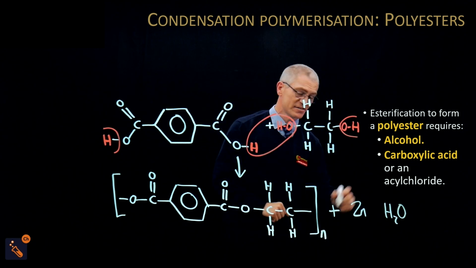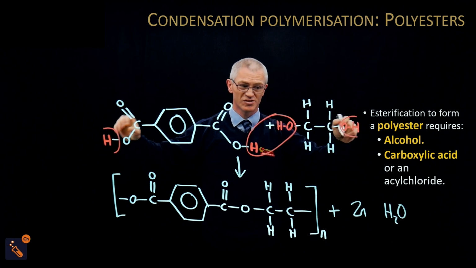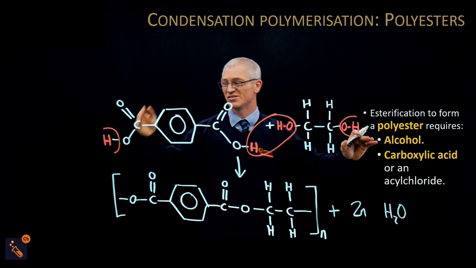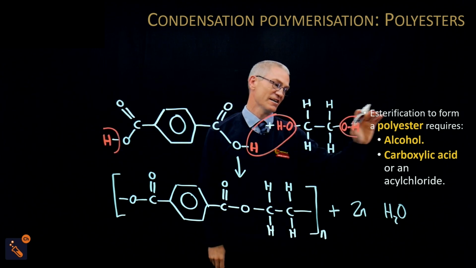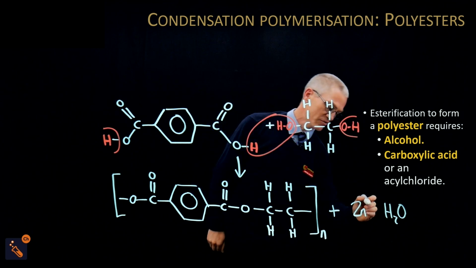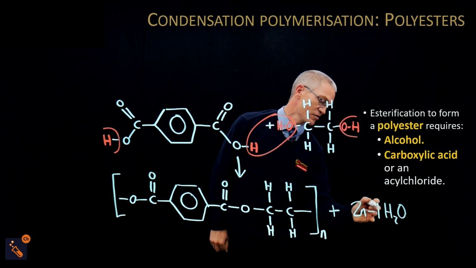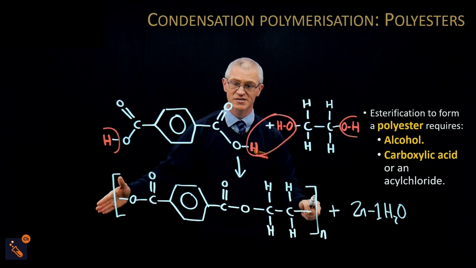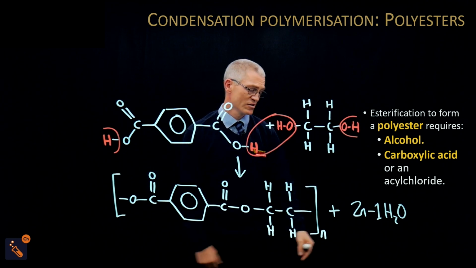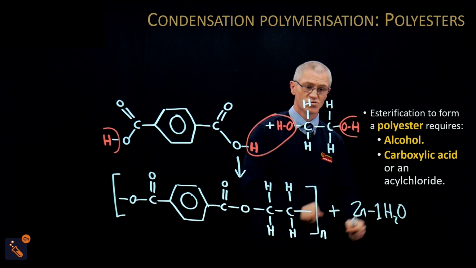But at the end of the chain, one of the waters is not being removed because you have to have an end, and that bit will be unreacted at the end of the chain, and at the other end of the chain, that bit will be unreacted. So that's why you see 2n minus 1. So that's why you'll see 2n minus 1. So for every unit that you create of the polymer, you'll create 2n minus 1 of the waters.